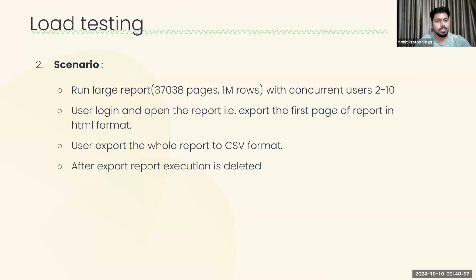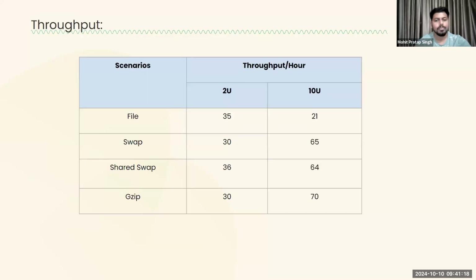Next scenario is for running the large reports. These have 37K pages, which means around 1 million rows in the report. We are running this for concurrent users of 2 and 10. The steps for the users are the same. In this as well, you can see the throughput is the maximum for gzip.